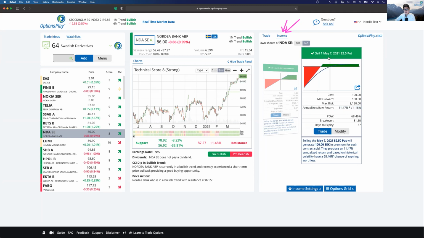For example, if I sell the May 7th, 82 and a half put on Nordea, I'm collecting 100 crowns, which is 1.16% of the stock's value. That's how you can utilize this tool to get a better sense for how much yield you're actually collecting on a put option. But click on the income tab and select no. That will show you the short put.